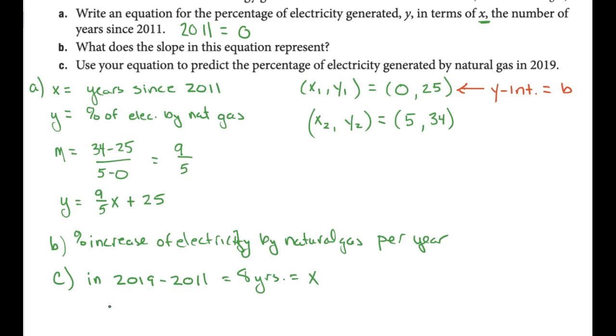So that's y. So all we have to do is say y equals 9/5 times x, which is 8 years, plus 25. And if you put that in your calculator, you're going to find that you get 39.4. And y is a percent, so we have to put a unit on it, 39.4%. Okay, that's all I've got. Thanks for watching.